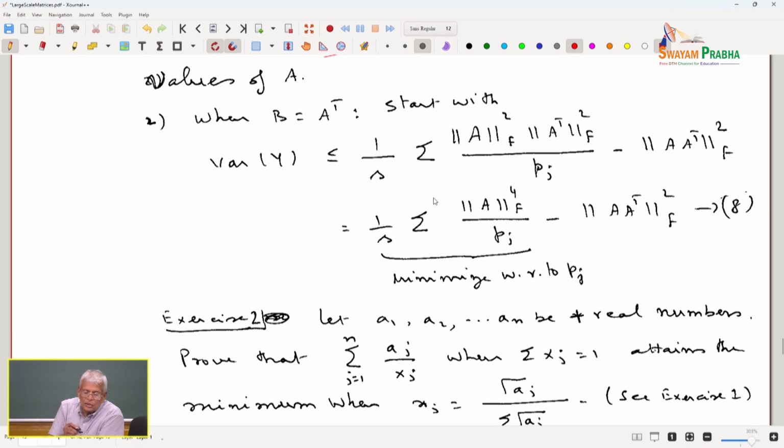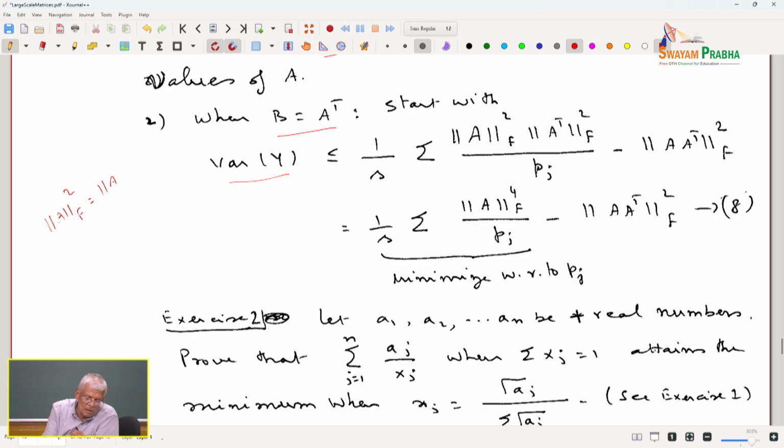So when B is equal to A transpose, we start with variance of y. I simply need to change B to A transpose. Therefore, the variance bound essentially becomes, by changing the Frobenius norm of B to the Frobenius norm of A transpose, you need to understand that the Frobenius norm of A and the Frobenius norm of A transpose are the same.